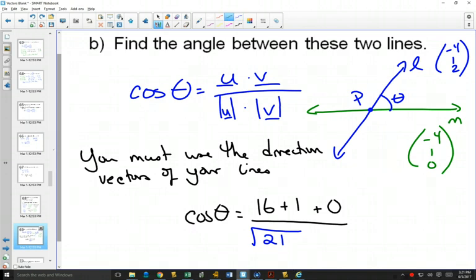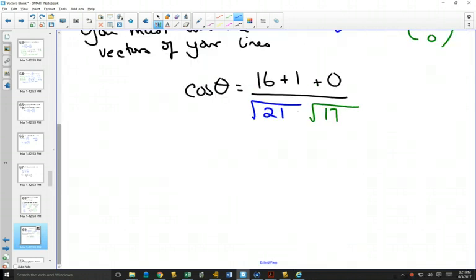The length of our green direction vector is square root of 17. And so we have that cos of theta is equal to 17 over root 21 times root 17.